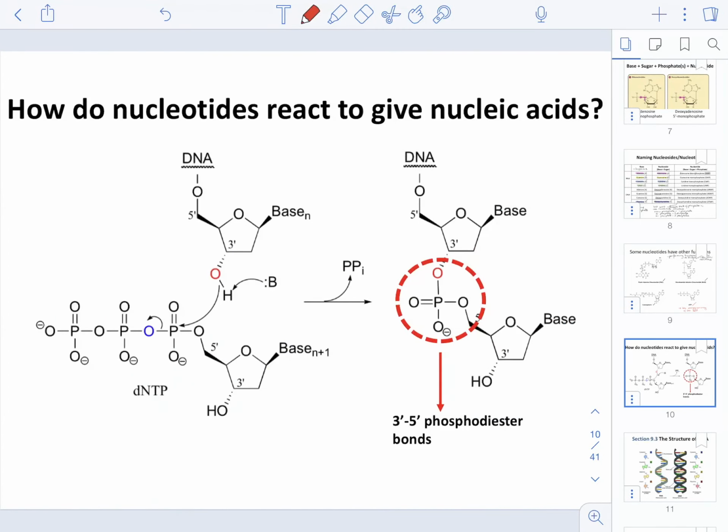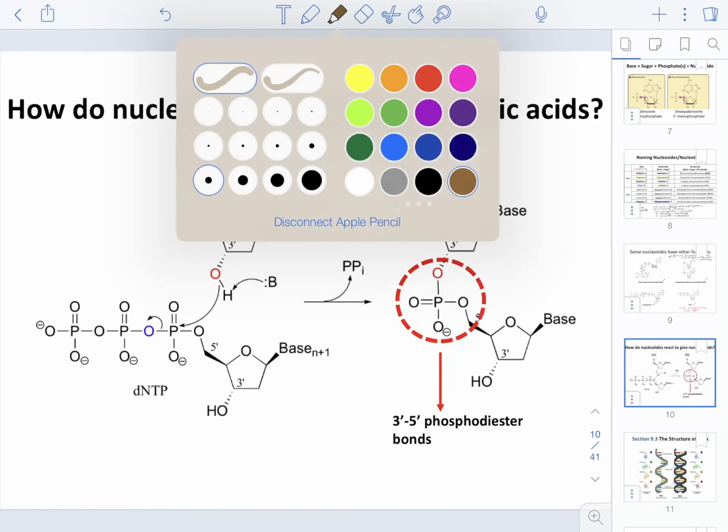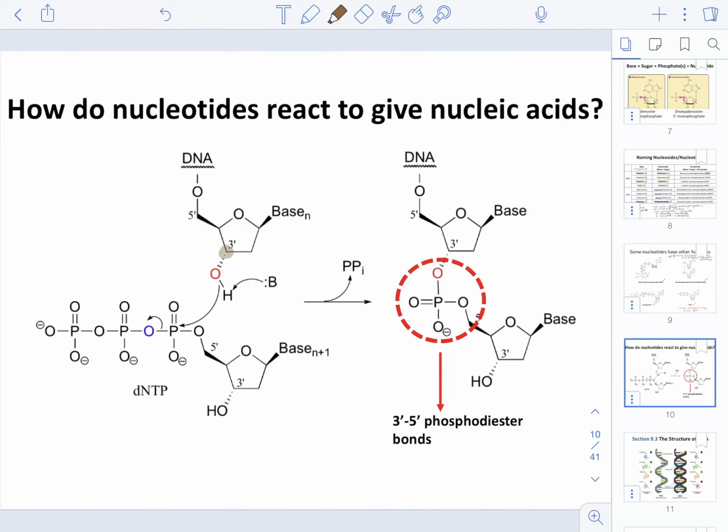Now, one of the things that we need to explore is how these nucleotides are going to be reacting to give nucleic acids. When it comes to this, understand that we need to envision a nucleophilic attack on specifically an electrophile in order to create these bonds. So in this reaction, if we highlight the atoms, at carbon 3 in this deoxyribose sugar, we have a hydroxyl group that is going to be acting as a nucleophile.